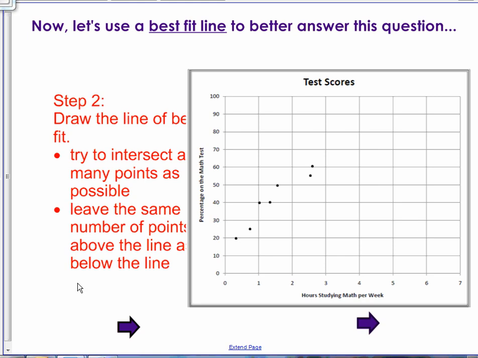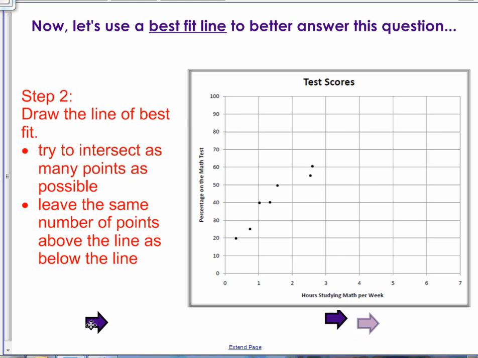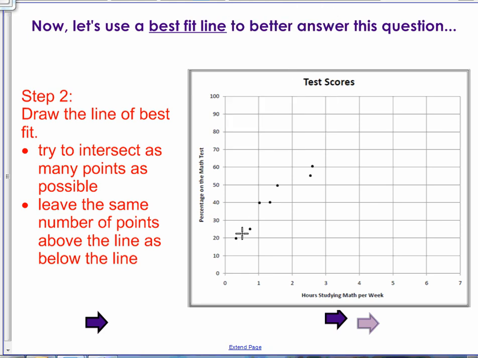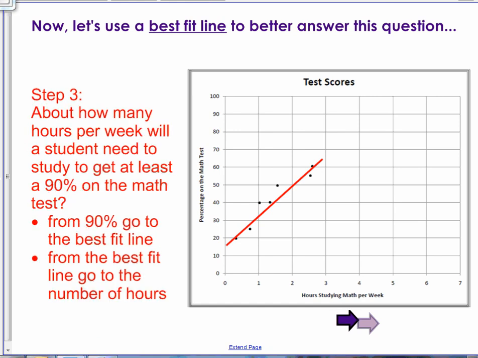Our step two would be to draw the line of best fit. In this case, I'm just going to use my line tool, and I would probably make it about here. Our step three would be to figure out, if a child were to get 90% on a test, how many hours per week?